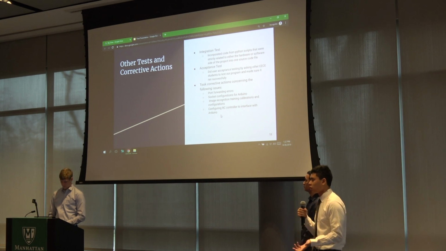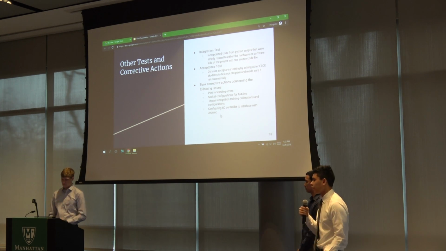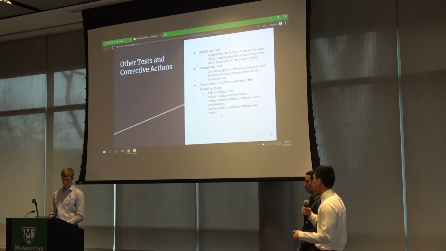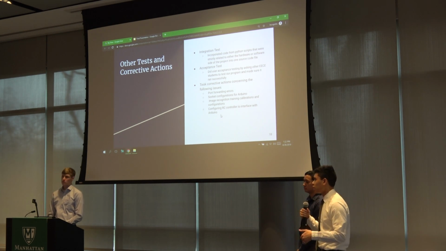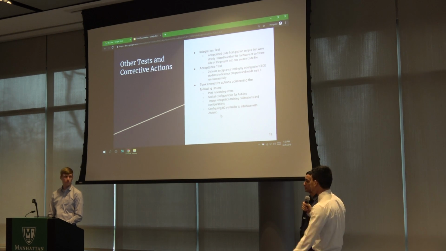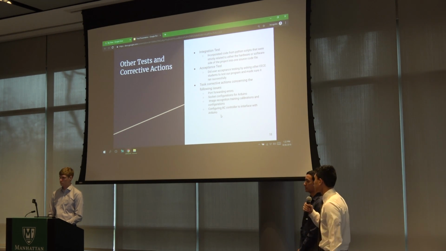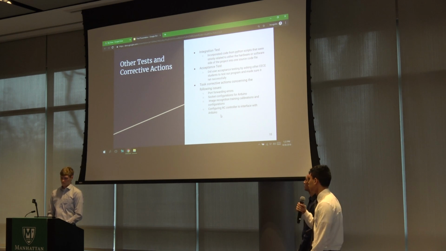We asked other students to test our software simulation and saw how our simulation dealt with random inputs rather than us working on it. We also had several issues that we had to take corrective actions on. A few of them are listed here: port forwarding errors, socket configurations for the Arduino, creating an image recognition classifier, and configuring the RC controller to interface with the Arduino.